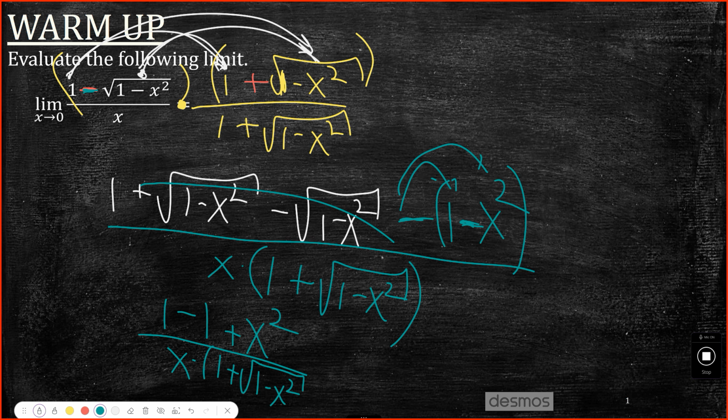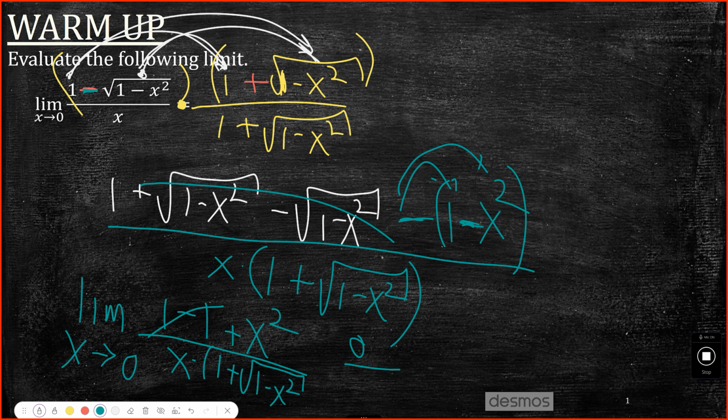And then you can substitute in the limit as x approaches 0, because you're trying to get around the problem of having some 0 over 0 kind of thing. So plug it in. 1 minus 1 cancels out. Plug in x is 0. 0 squared is 0. Over, you plug in x equals 0 here.